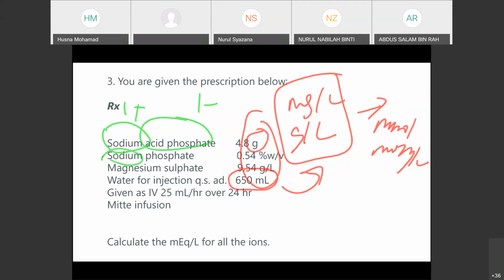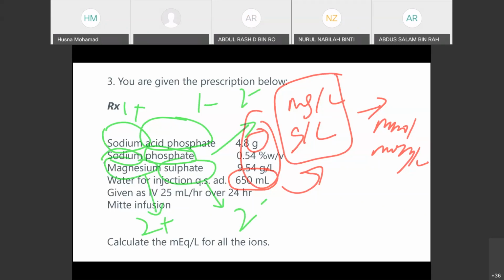Sodium again 1 plus, phosphate ion, with a valency of phosphate 2 minus. Magnesium 2 plus. Then sulfate 2 minus. All right, so once you get clear with this one, then we now go to the mole.